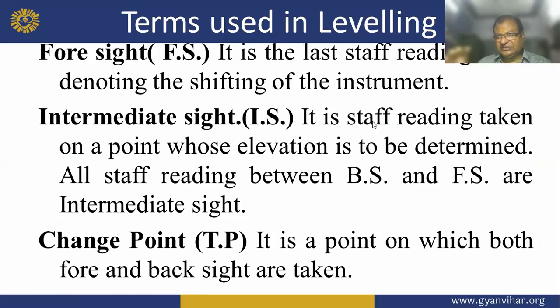It is the last staff reading taken, denoting the shifting of the instrument. Intermediate side is a staff reading taken on a point whose elevation is to be determined. All staff readings between backside and foresight are intermediate sides and a change point.